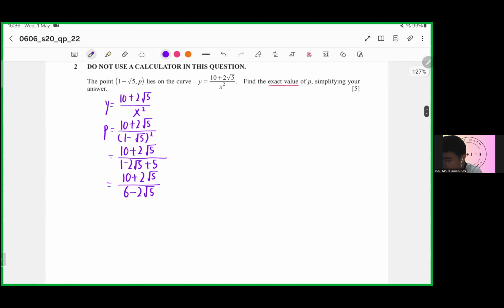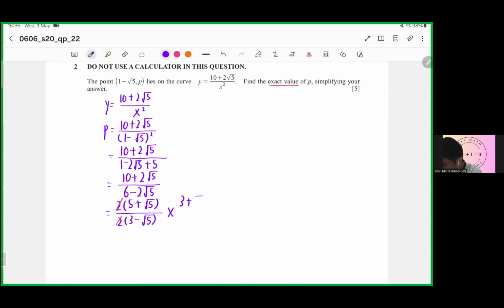Now I make it simplified form: 2 bracket 5 plus root 5, and here is 2 bracket 3 minus root 5. These cancel. Now we do the rationalizing of the denominator.